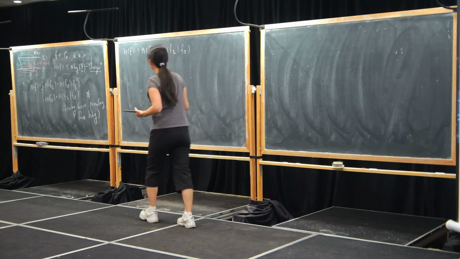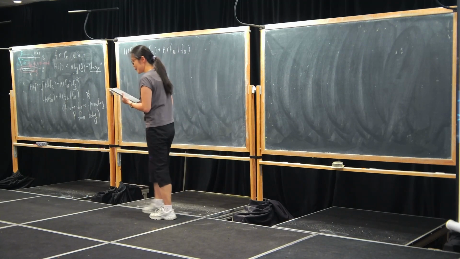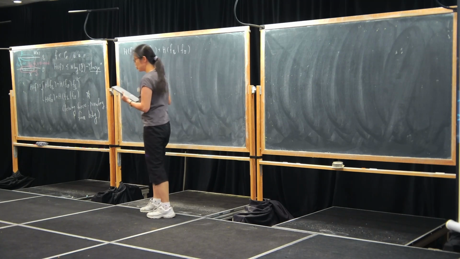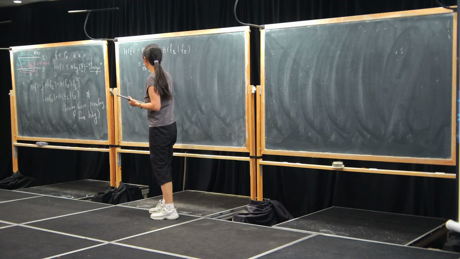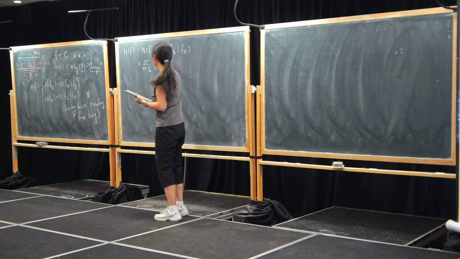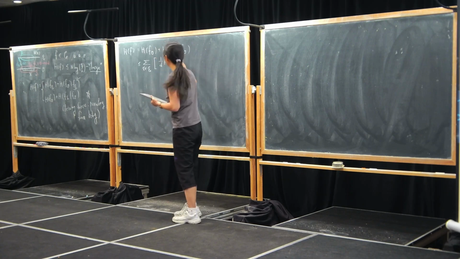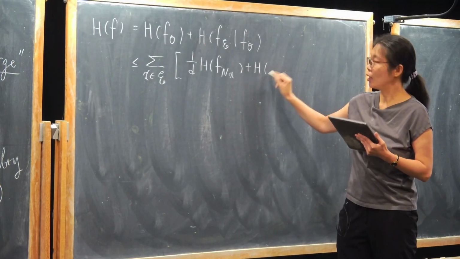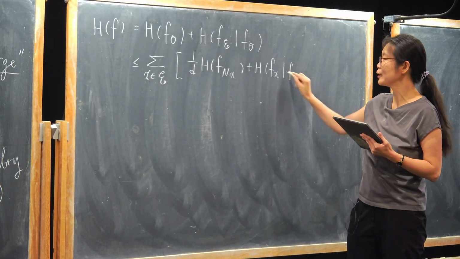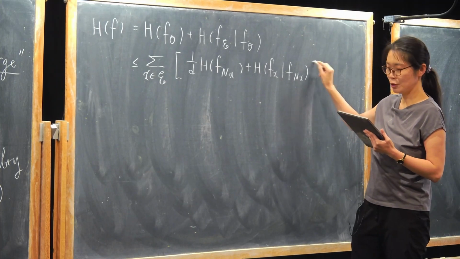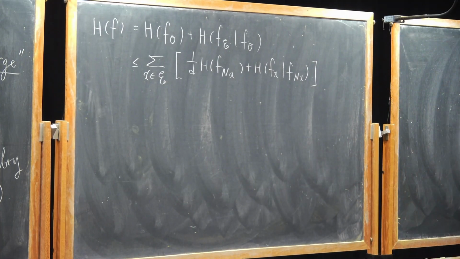Using some techniques that we practiced, this can be bounded above by the sum over x in E of 1 over D times the entropy of F sub neighborhood of X plus the entropy of F sub X given F sub neighborhood of X. Do you believe this?